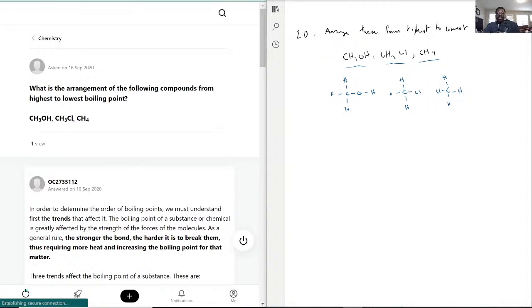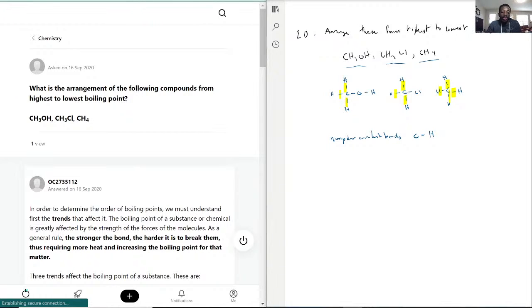So let's start with what they all have. In each of these, the C to H bonds are non-polar covalent bonds. How do I know that?